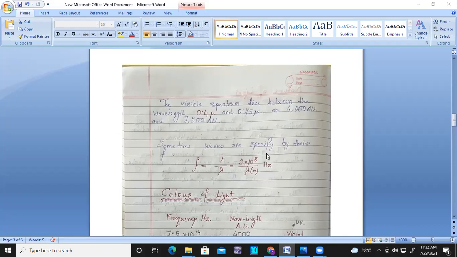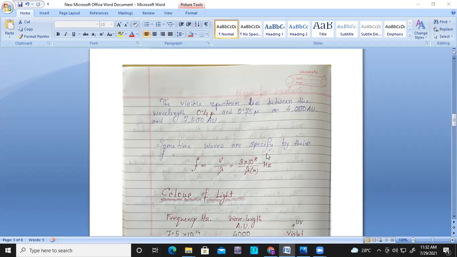Just like the 4000 angstrom is the violet color. Above it, it tends to ultraviolet. But when it comes to the range of 4000, this is actually a very small wavelength, and that's why finally we can't differentiate it. This is a very tough task.